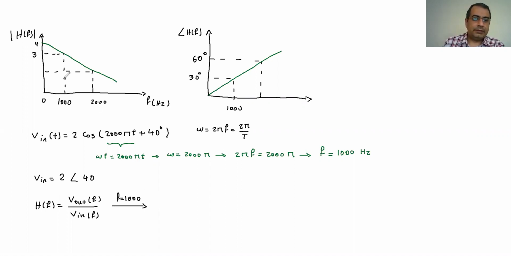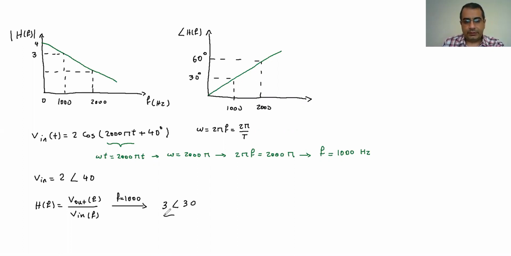If I come here, H(1000) has a magnitude of 3 and an angle of 30. So this is the H at 1000.